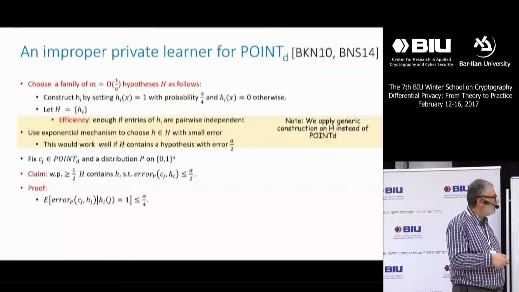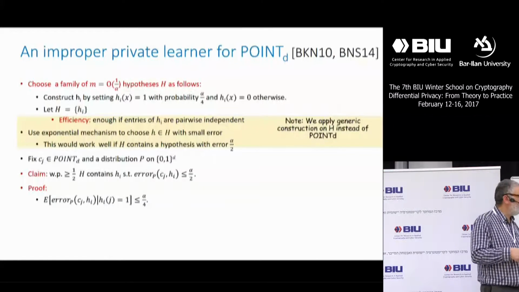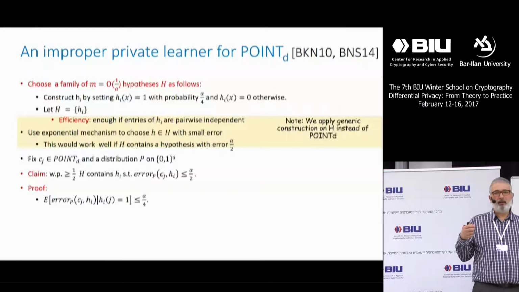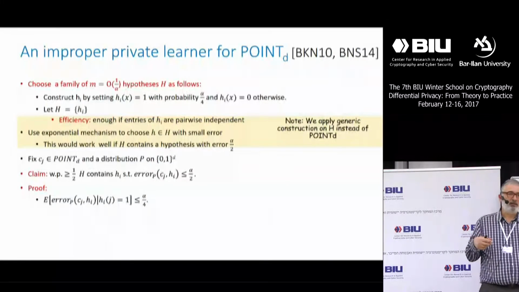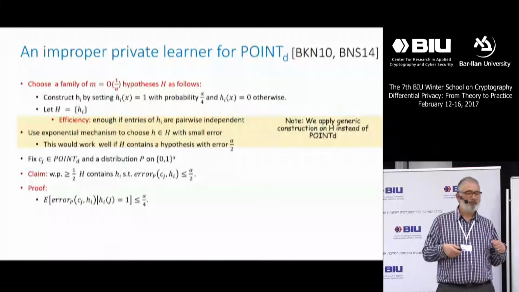Conditioned on the hypothesis getting the right value on the point j of the target concept, the error only comes from what happens in the places where the target concept gives the label 0, but H gives the label 1.